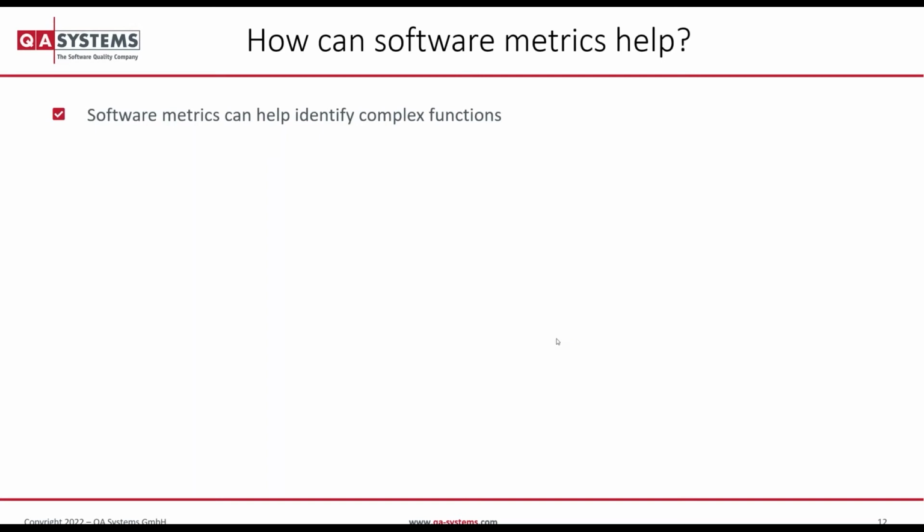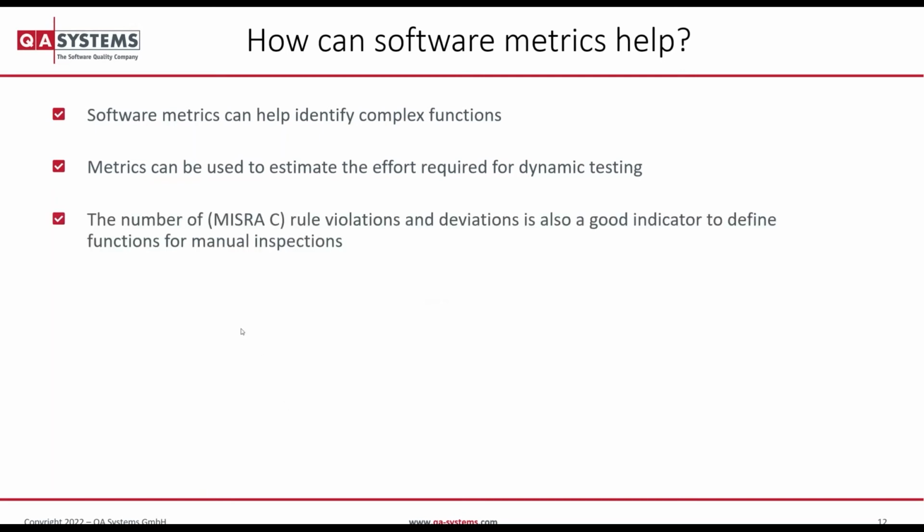They all can help you identify the complex parts of your software, and this can then be used for manual code inspections. Metrics can also be used to estimate the effort required for dynamic testing. The number of rule violations is also a metric, and this is a good indicator.